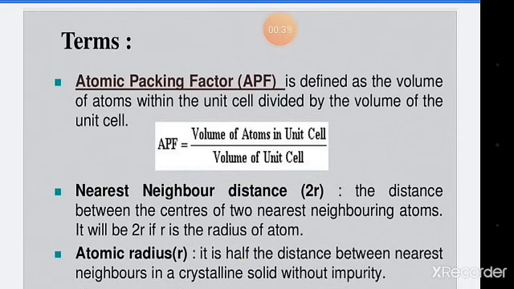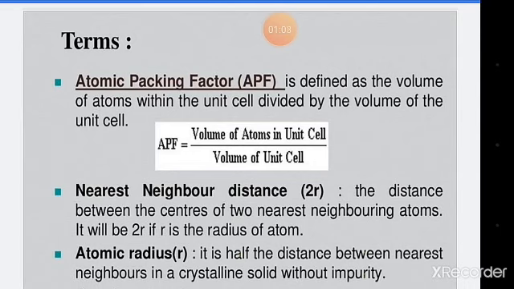Atomic packing factor, APF, is defined as the ratio of the volume of atoms per unit cell to the total volume of the unit cell. We can say the volume of atoms in a unit cell is the product of the number of atoms in the unit cell and the volume of each atom.